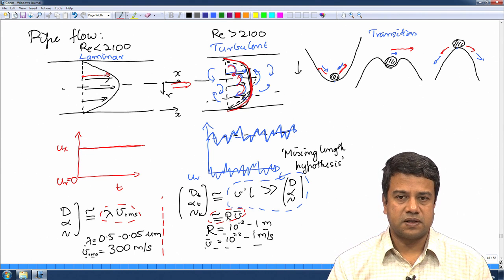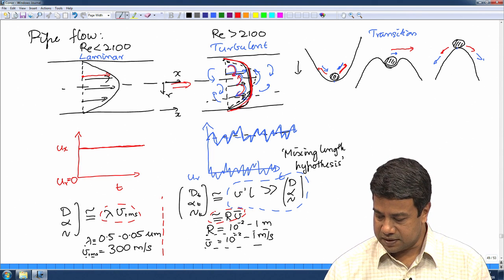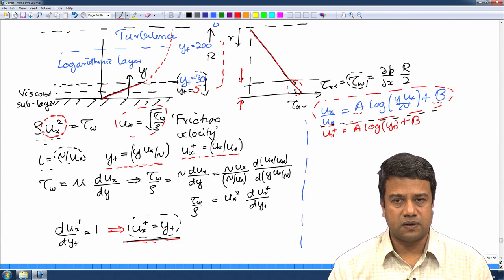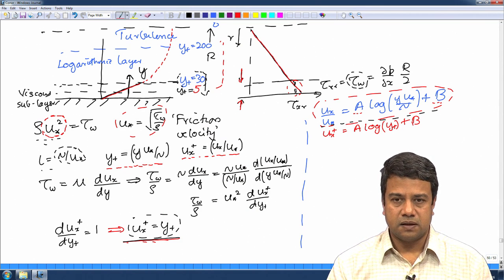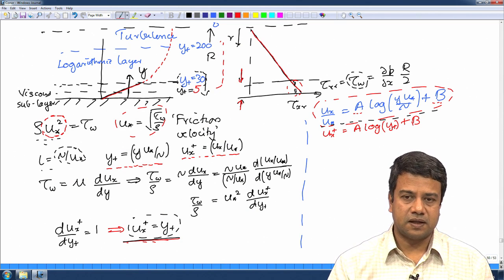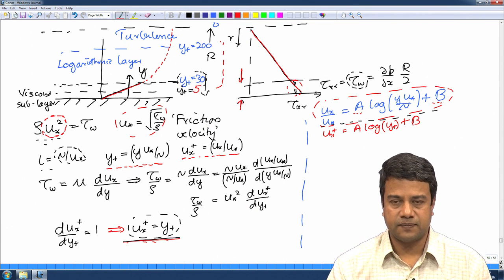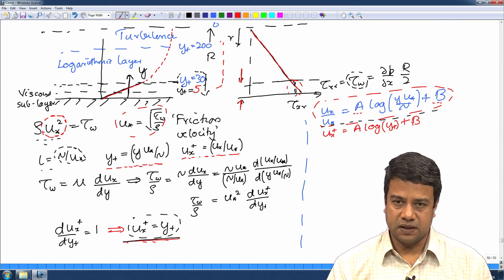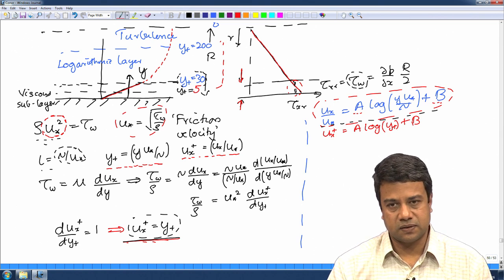Near the wall, of course, these fluctuations have to decrease to 0, and we had discussed some characteristics of the near wall variation in the velocity profiles. While the flow has large turbulent fluctuating velocities near the center, these velocities have to decrease to 0 near the wall because the fluid velocity has to be 0 at the wall.